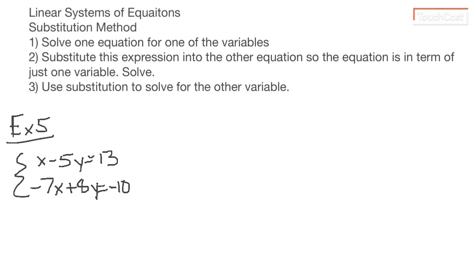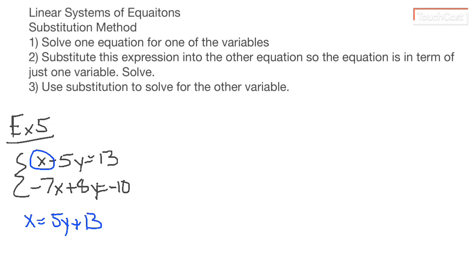Now, my hint when doing this is if you have any variable anywhere in one of the equations where the coefficient is 1, so there's no number visually shown in front of it, solve for that one in that equation. So in this case, I'm going to solve for x in my first equation. So I'm going to add 5y to both sides of that equation. We're going to get x is equal to 5y plus 13.